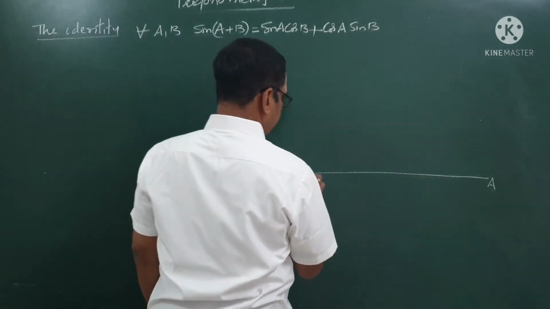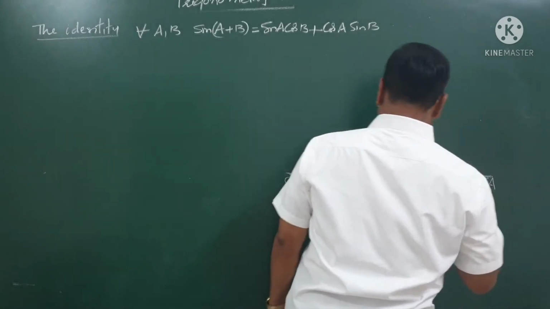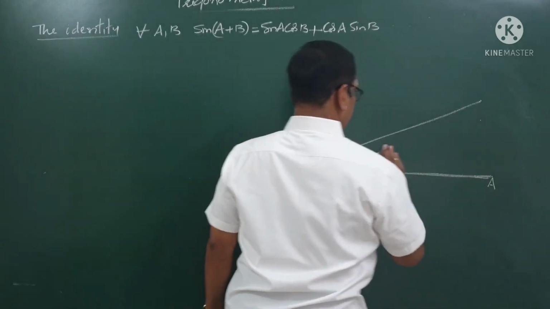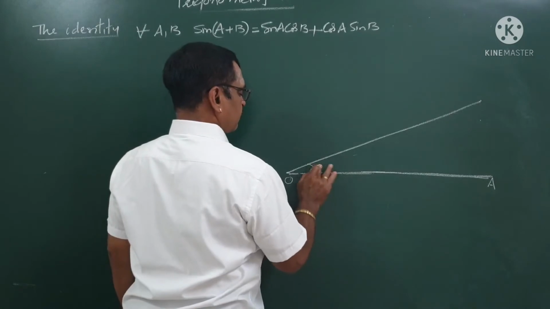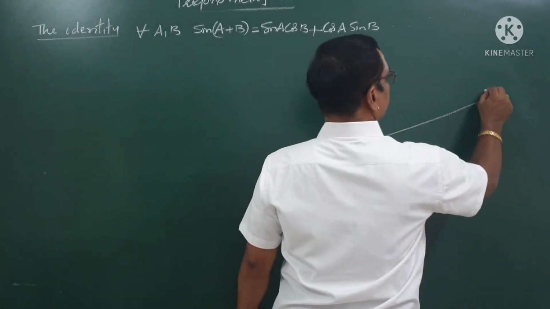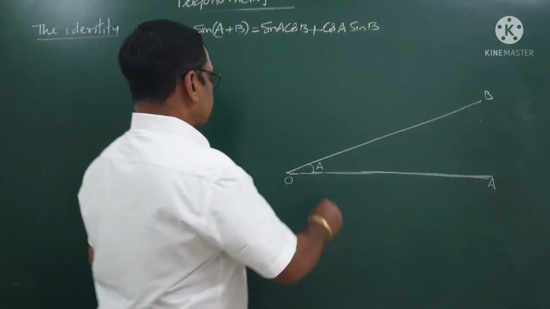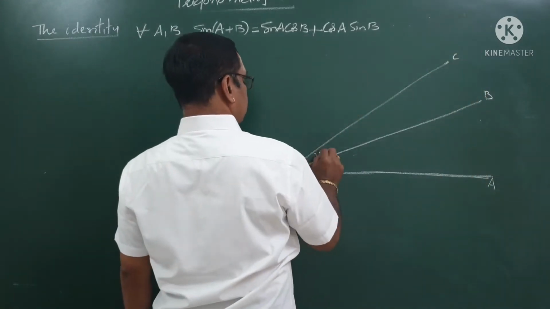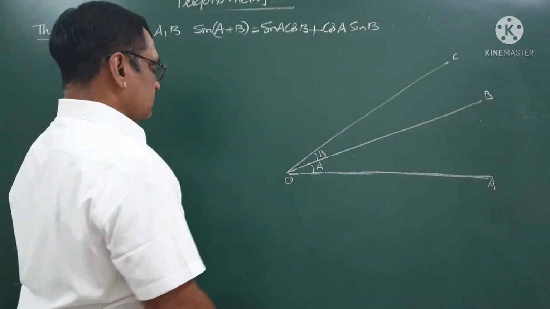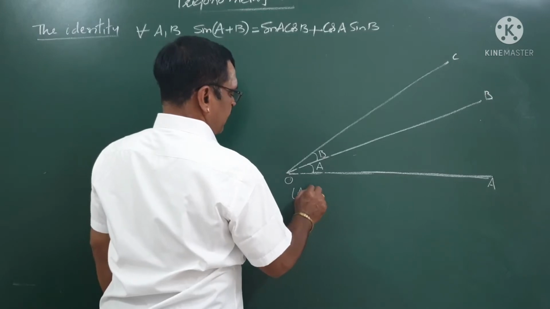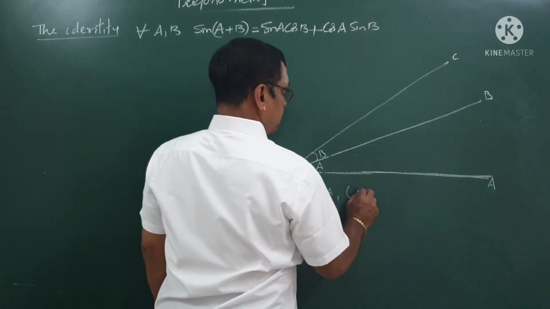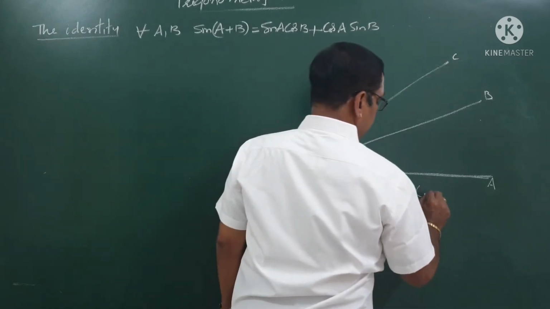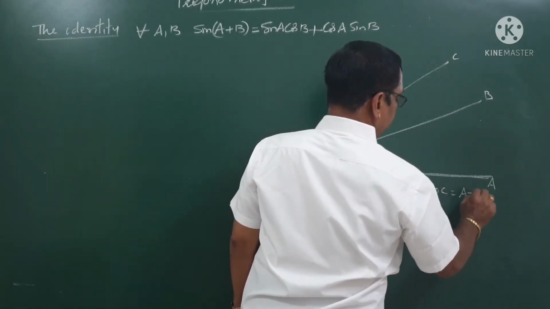OA rotates to OB to make an angle, say for example, A. OB further moves to OC to make an angle, say for example, B. Therefore, angle AOB is equal to A and angle BOC is equal to angle B. Of course, angle AOC is equal to A plus B.